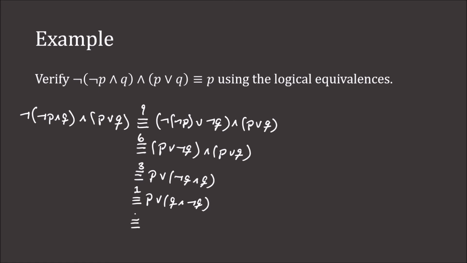Which is equivalent by property number 5 to P or a contradiction. You have Q and not Q, which is a contradiction. Which is logically equivalent by property 4 to simply P. So we verified the logical equivalence. This concludes this lecture.